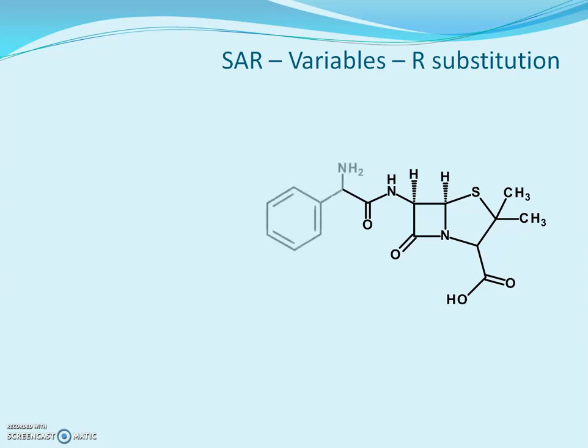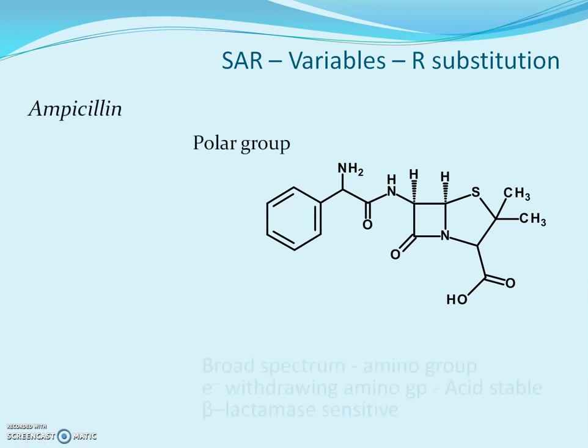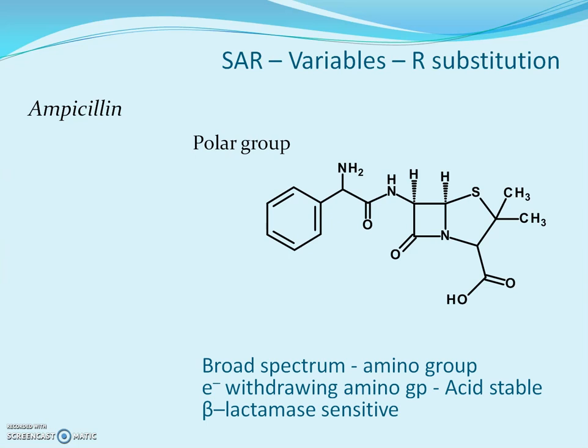Then we have a group of penicillins which are very important, known as aminopenicillins, because at the alpha carbon here there is an amino group. This is a polar group which allows this drug, called ampicillin, to have a hydrophilic character, thereby allowing it to go through these porin channels into the gram-negative bacteria.